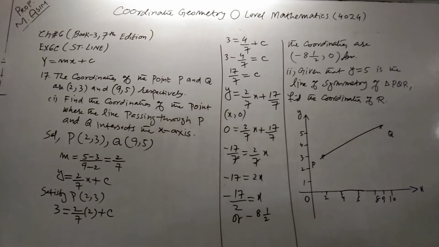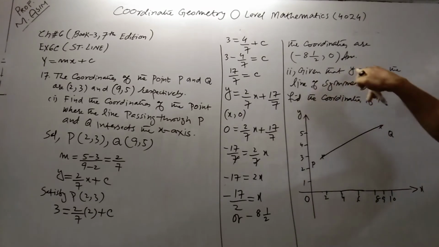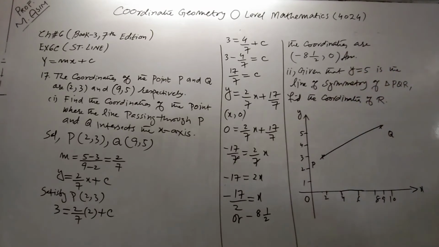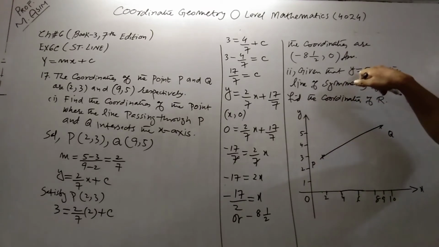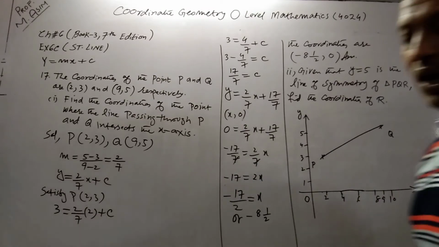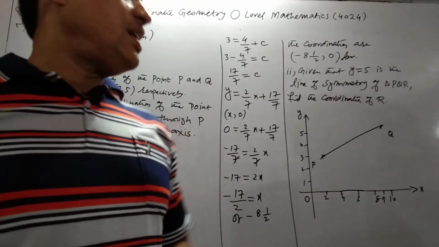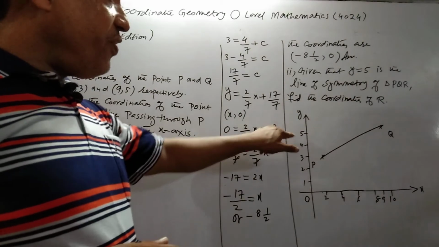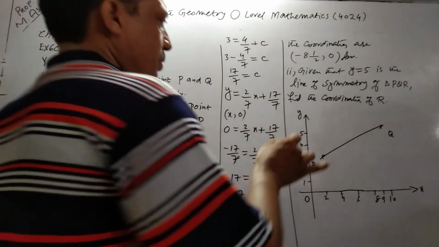Join P and Q. Now see this. Given that y equals 5 is the line. So first we have to draw y equals 5. How to draw y equals 5? Just draw a line which passes through 5.